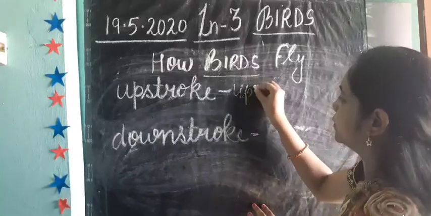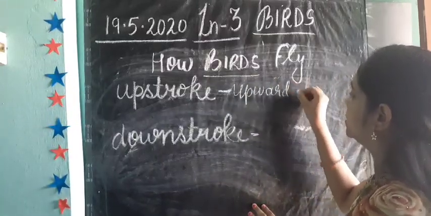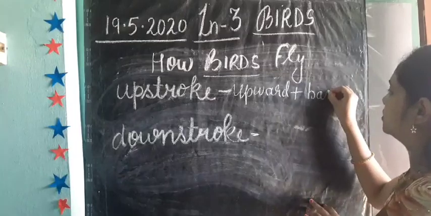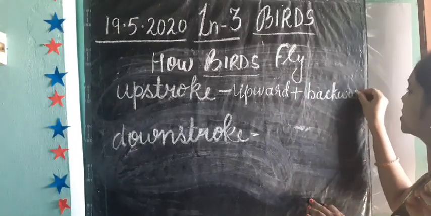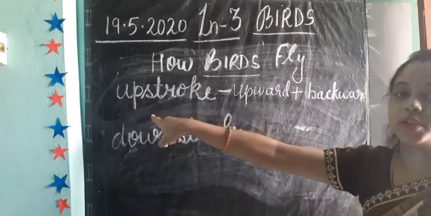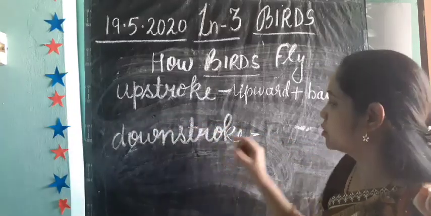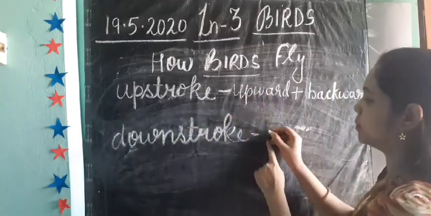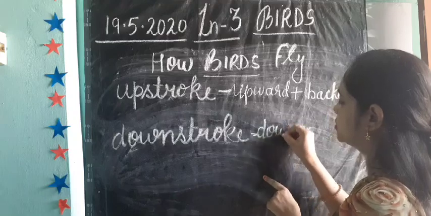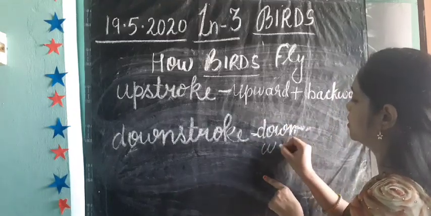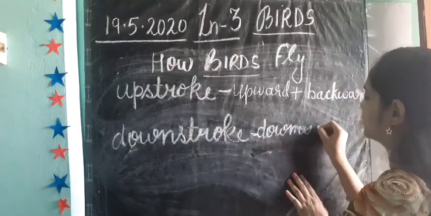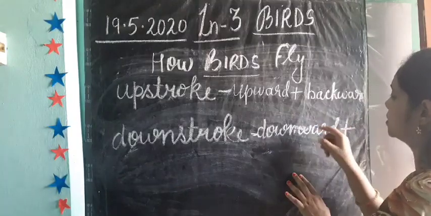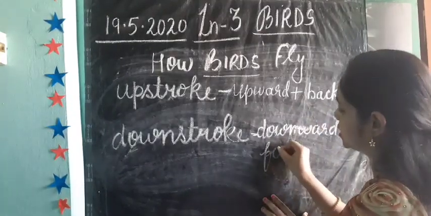You can see upward and backward. So this is upstroke movement. Downstroke is just the opposite: downward, plus forward.